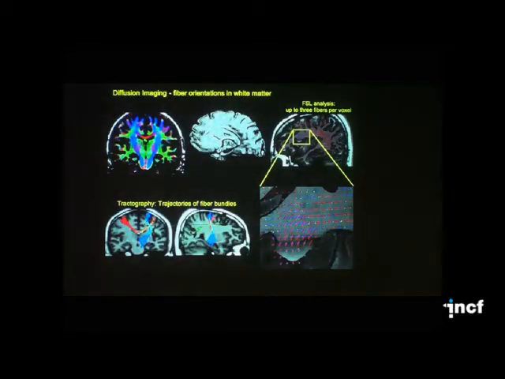And so for a single voxel, one can connect the lines and identify multiple pathways intersecting at that voxel, but connecting one brain region with another.